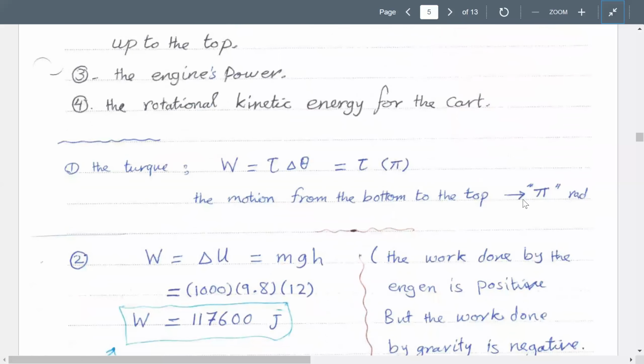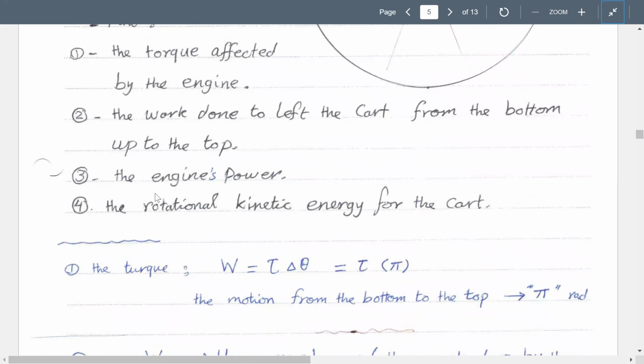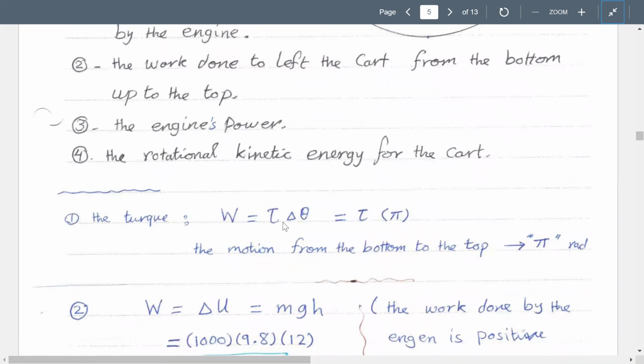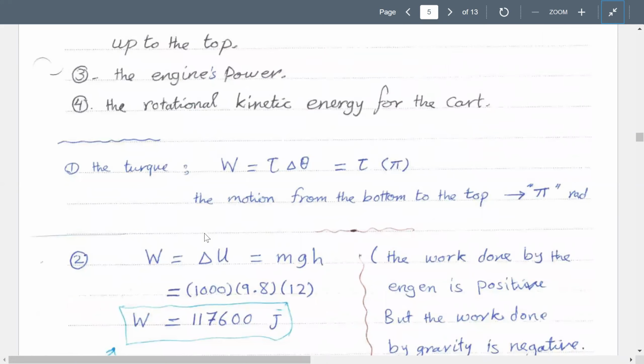What can we do from this? We cannot find the torque yet because we don't know the work, because the work is the second requirement. So the first requirement, we cannot find until we find the work. Let us go to the work. The work is equal to the change in potential energy.